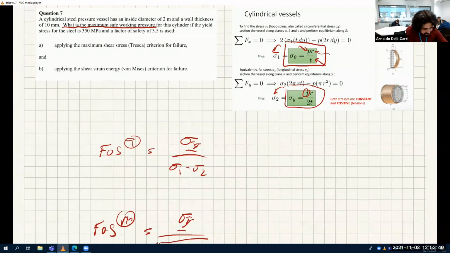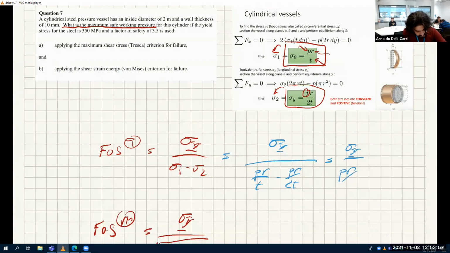Okay, so let me explicitate this one at least. This one is sigma yield divided by PR divided by T minus PR divided by 2T. Very easy. So this is sigma yield divided by PR divided by 2T, sorry.